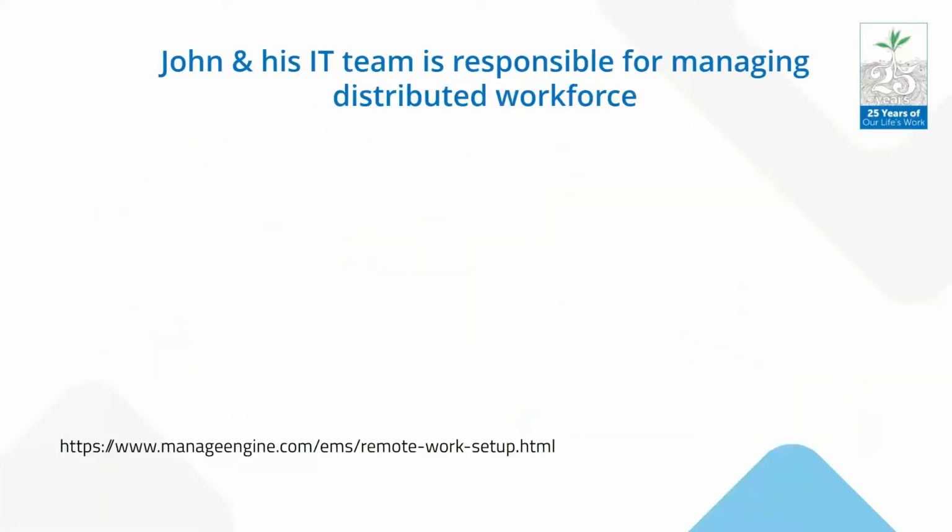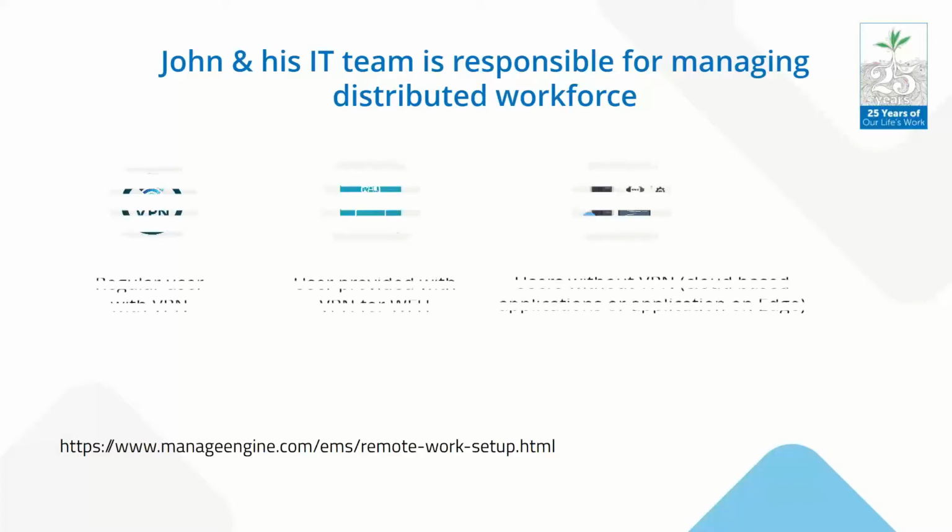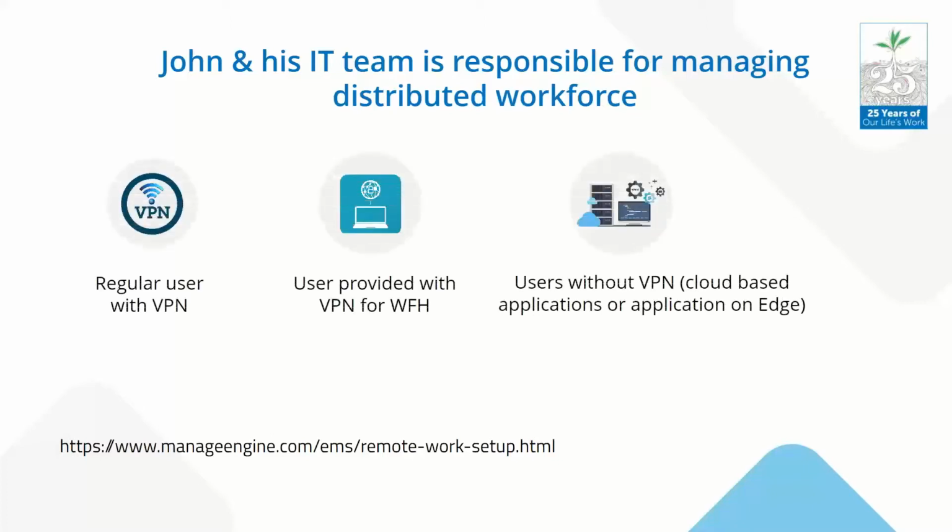During this COVID situation with a distributed workforce, John is facing three different types of users. One is a regular user who has a VPN, who has been with the organization and using the VPN for a very long time, and you already have a policy in place governing these machines.